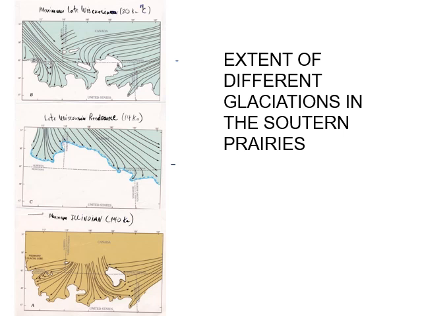What you can also see here is the extent of the ice sheets of the ice age before the Wisconsin, which we call the Illinoisan ice age, where the maximum extent was about 140,000 years ago.